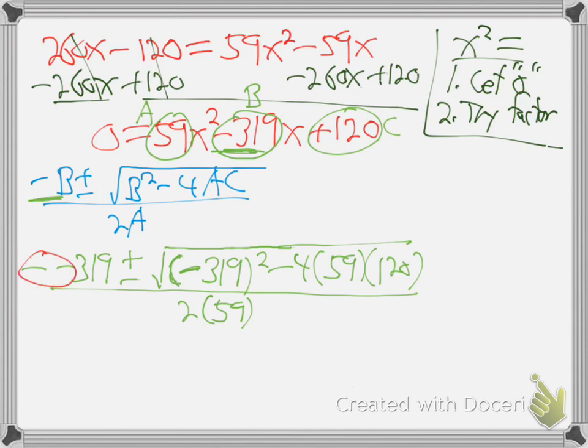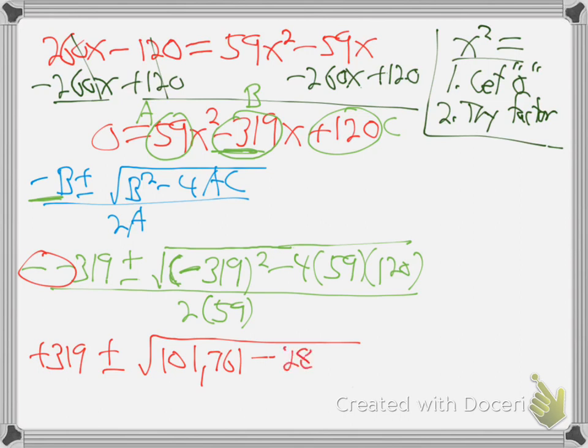Okay, double negative is positive 319 plus or minus the square root of 319 squared. This is crazy. 101,761 minus, and then 4 times 59 times 120, and I'm getting 28,320, all over 2 times 59, 118. Okay, what in the world does that equal?